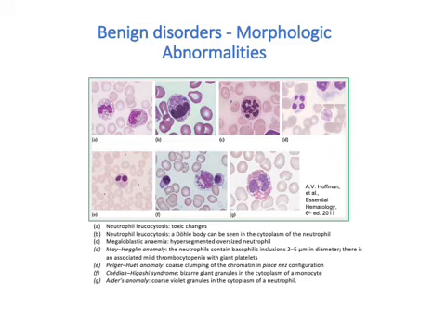Other rare disorders would include more severe disease like your Chediak-Higashi syndrome, which is inherited in an autosomal recessive manner. There are giant granules in the neutrophils, eosinophils, monocytes, and lymphocytes, accompanied by neutropenia, thrombocytopenia, and marked hepatosplenomegaly.